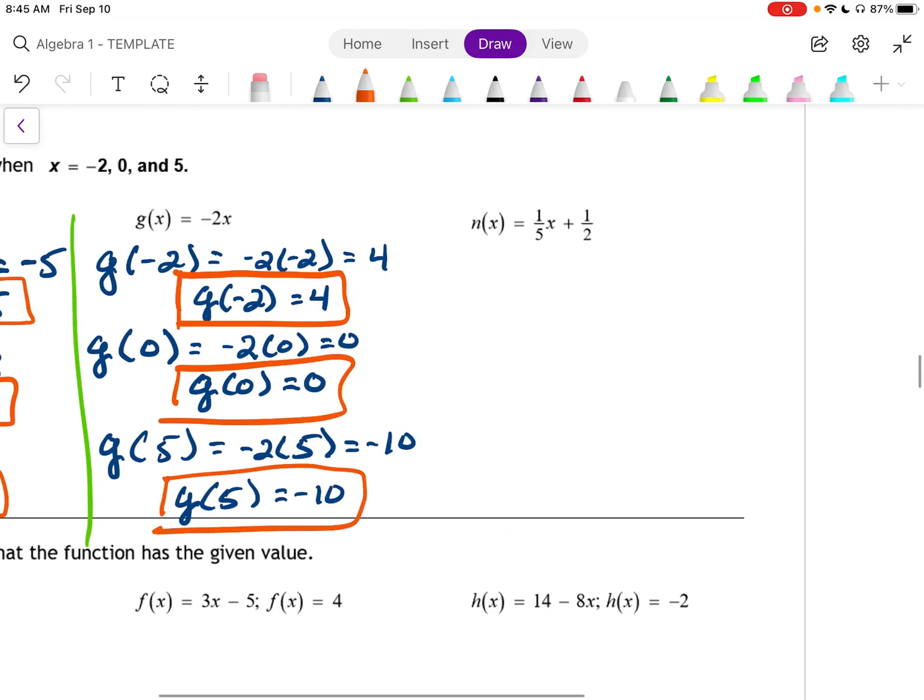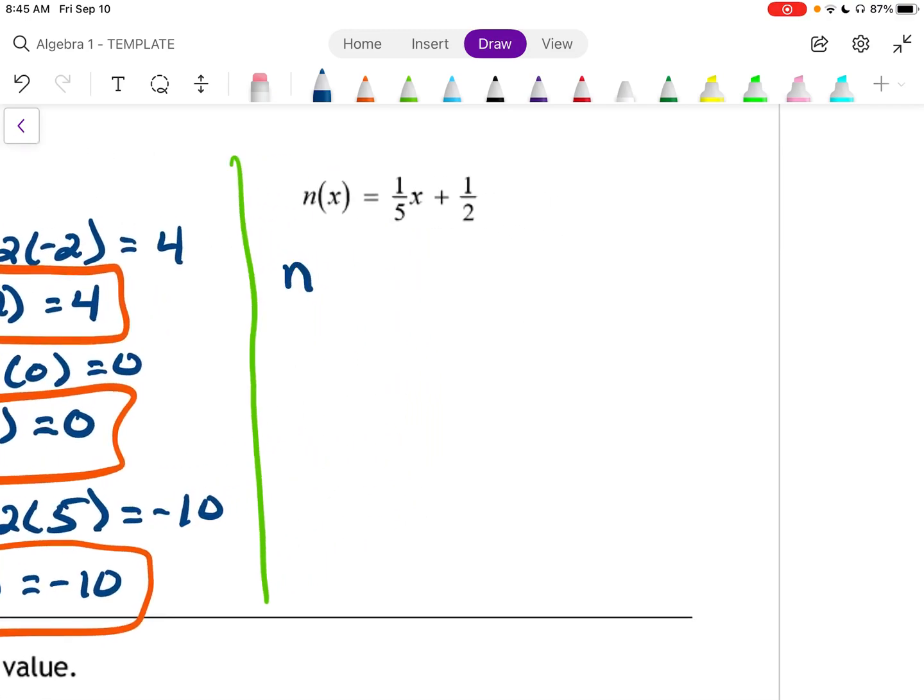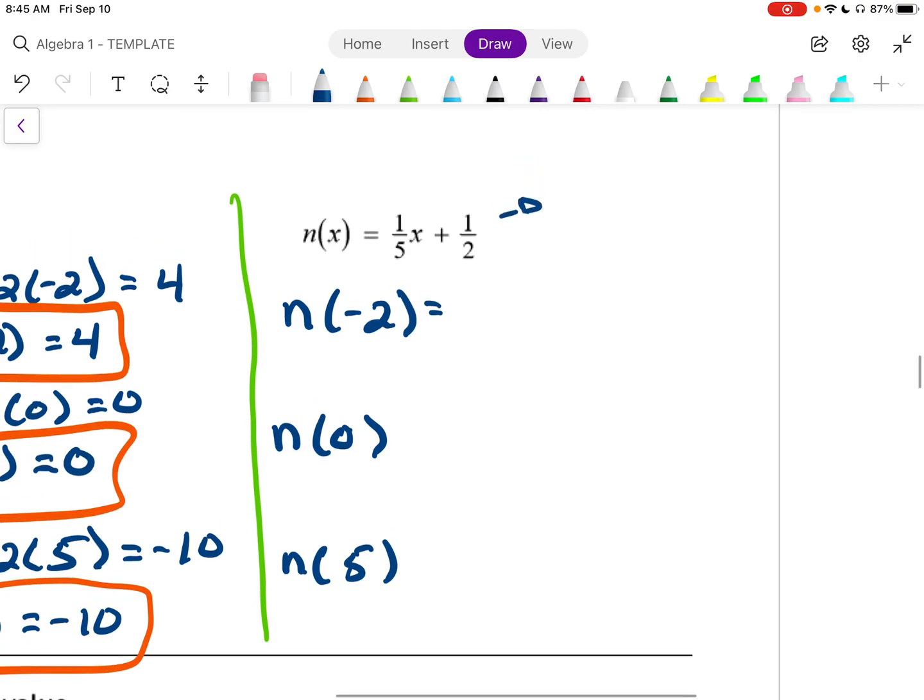Next up, our last one. I'll draw a little line here again. So we're supposed to plug in -2, 0, and 5. So n of -2, n of 0, and n of 5. For -2, I'm going to actually rewrite this equation right here. I'm just going to say this is n of x, and I'm going to put the x in that numerator there. So this is x over 5 plus 1/2. Right?